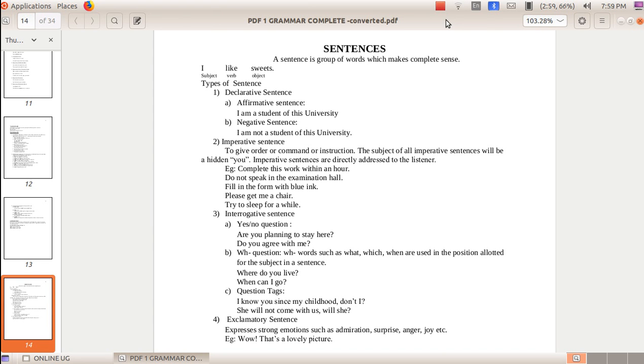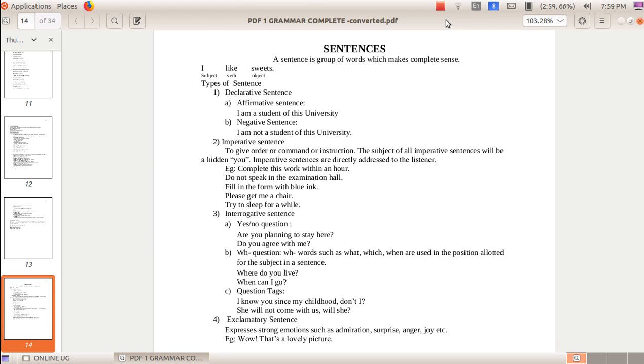So we have been talking about four basic or major types of sentences in English. First one, declarative sentence. Second main type, imperative sentence. Third one, interrogative. Fourth one, exclamatory. And we have seen the subdivisions also. The declarative sentence, the statements, where you are stating something in a positive or negative way, has two subdivisions.